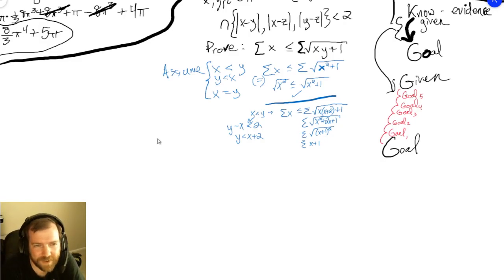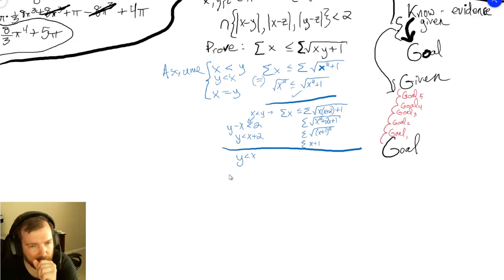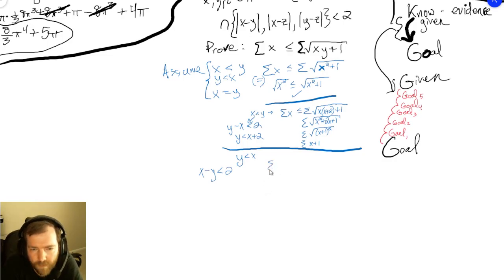Alright, so then that's that case. So then y is less than x. So it says that x minus y is less than 2. That's this actual one. So presumably what you're saying is that this doesn't work quite this way. It's not quite that easy.